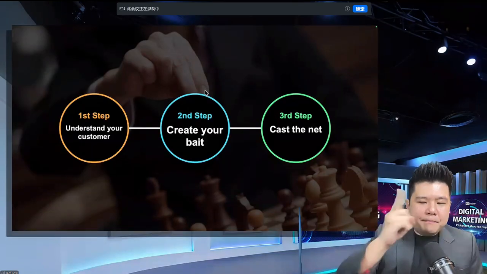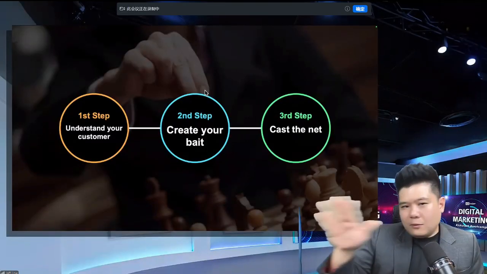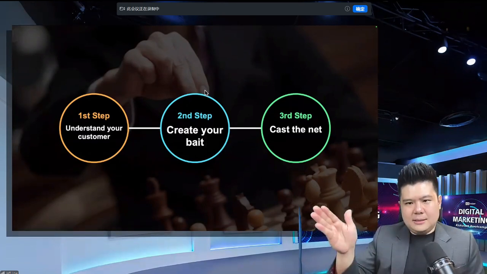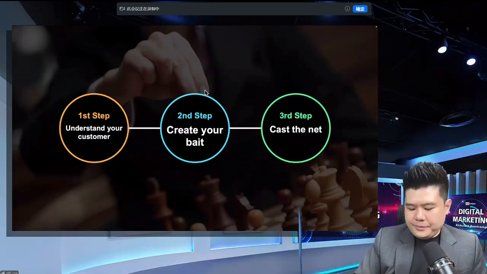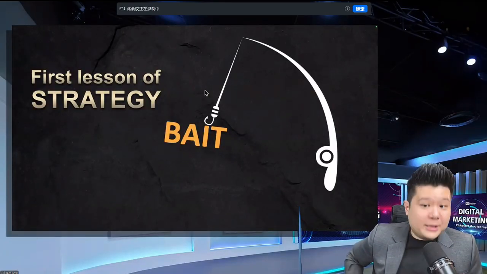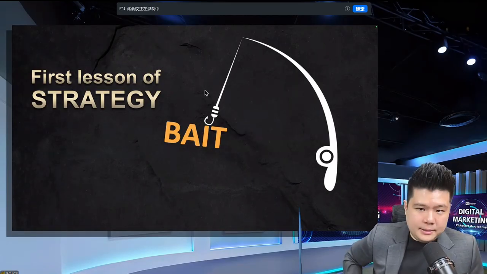I'm talking about the way you build connection with others. But one bait will never work for all fish. Different people, different audiences, you need to design different baits. And that's also why the first lesson of creating a strategy is always about how you're going to craft a bait.